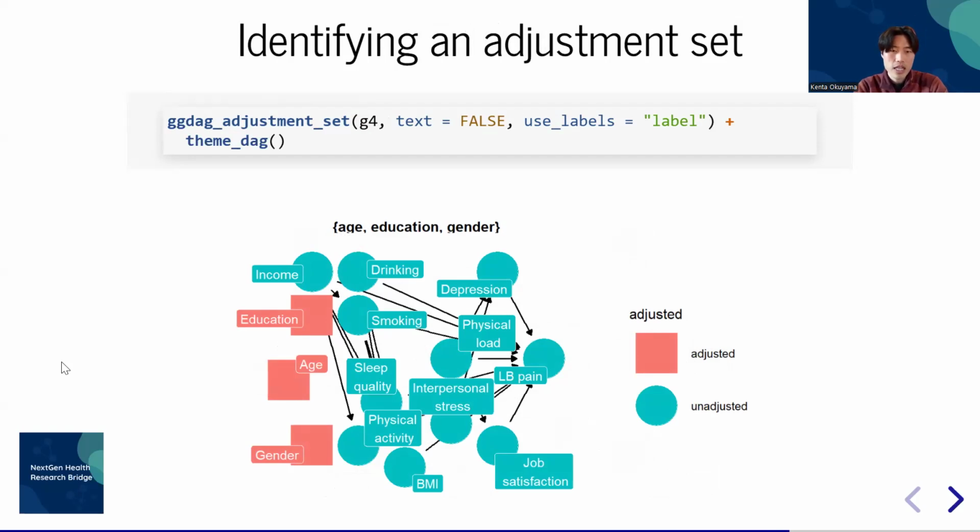And it will navigate us to adjust for only education, age, and gender, because those were the only confounders based on the criteria of confounders, and backdoor paths will be sufficiently blocked by adjusting for these covariates to estimate the effect of exposure on outcome.